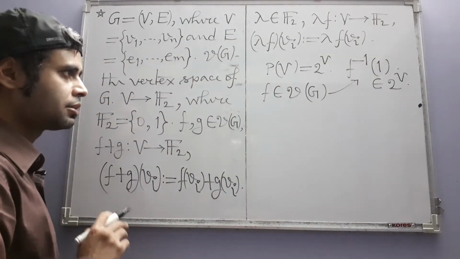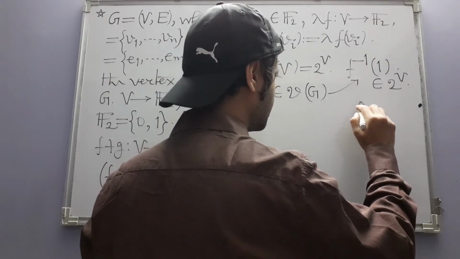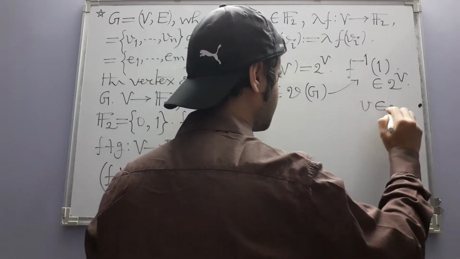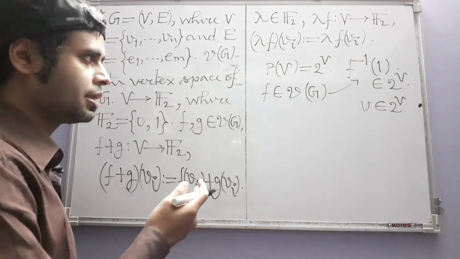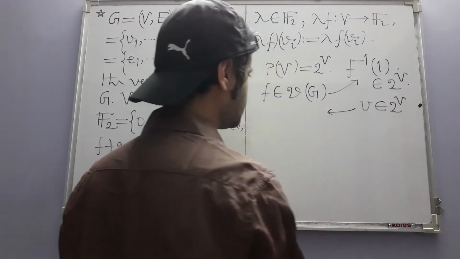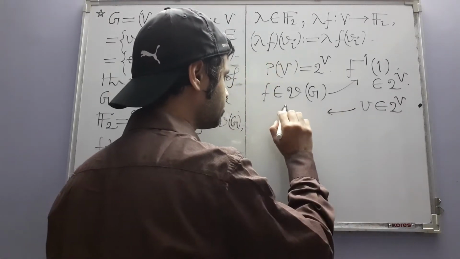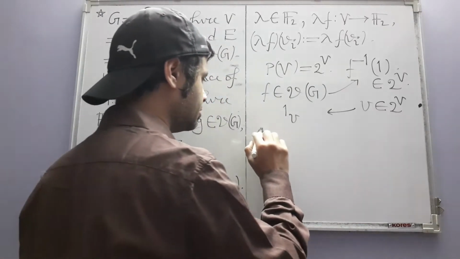And conversely, if you have an element U in the power set of V, that simply means that U is a subset of V. Then this corresponds to the indicator function of U, which is defined like this.